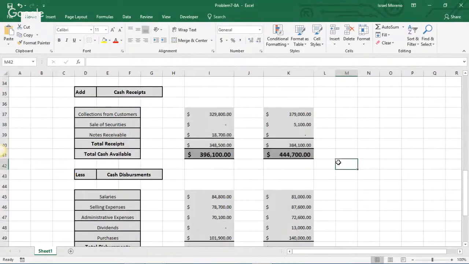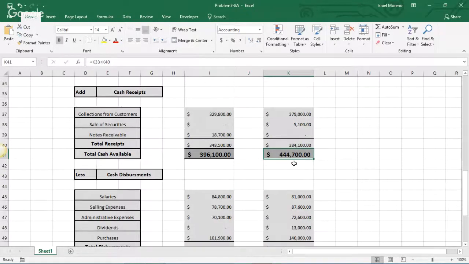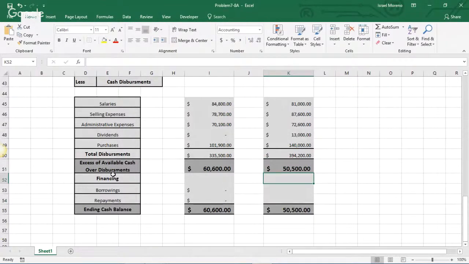Now we already have most of the numbers. Just make sure you do the equations and the formulas for the total receipts, total cash available, total disbursements, and excess of available cash over disbursements. So now here you have less. The company has less than the minimum that they want to maintain. So now they will have to borrow money.